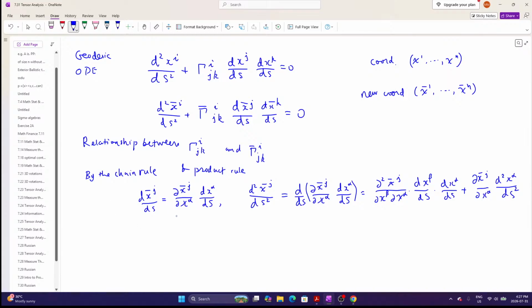So we're going to substitute these into the second equation. So let's call this 1 and 2, substituting these into 2 and comparing with 1.